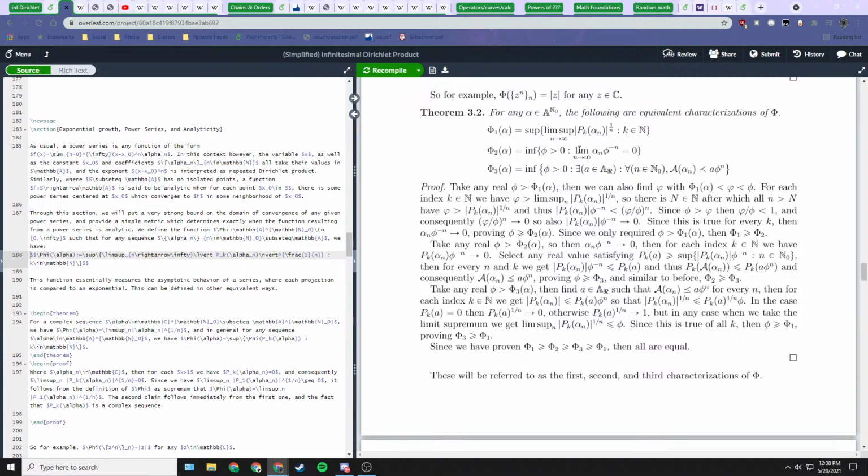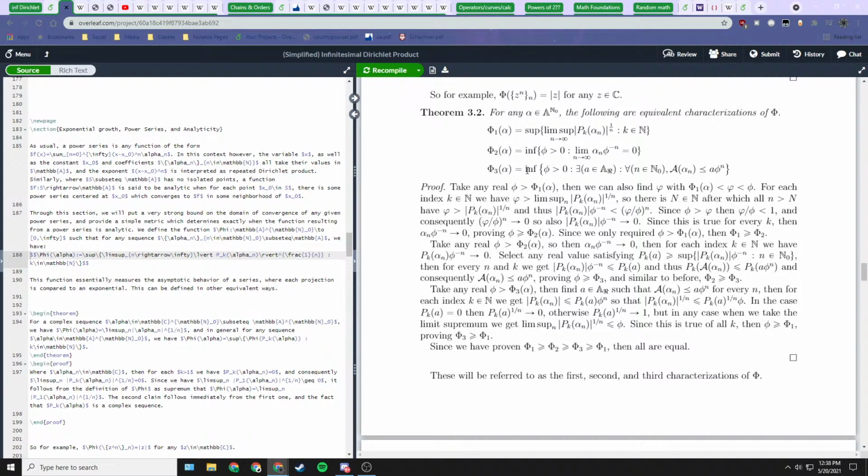So the second characterization is basically saying, what's the smallest real value such that if we multiply this by a decaying exponent with that base, this is going to be 0.